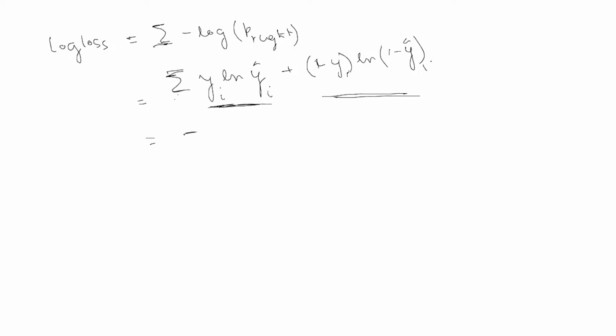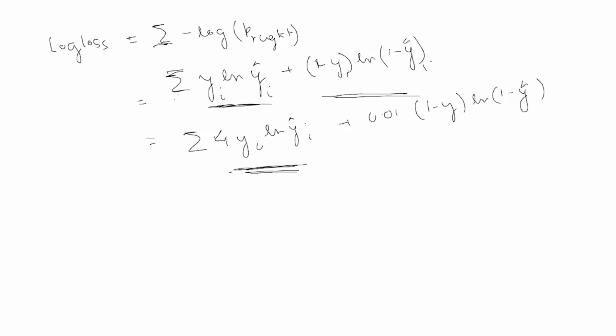But what if you say something like this: 4 into y into ln of y hat plus 0.01 into 1 minus y into ln of 1 minus y hat. Here y hat is the predicted probability. What you're saying now is that if you make an error on class 1, this part goes to 0 and the other part remains.